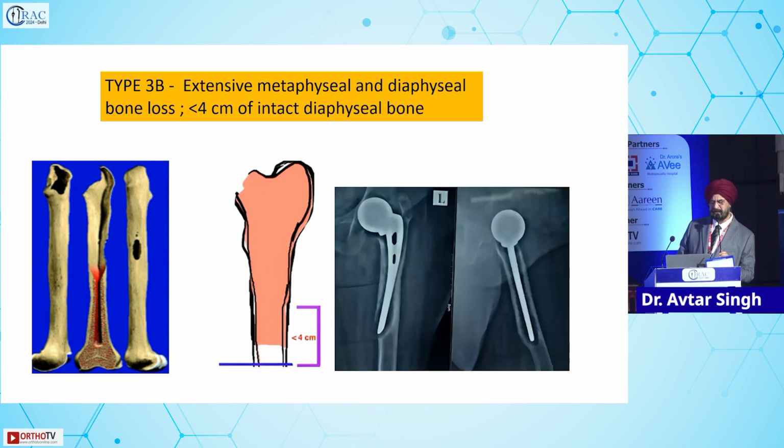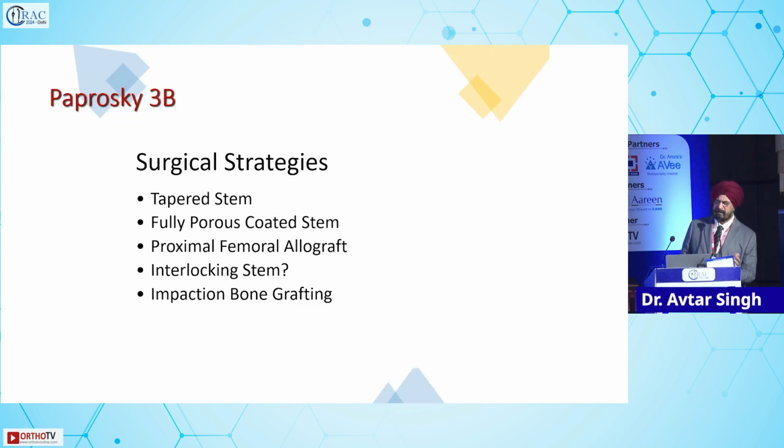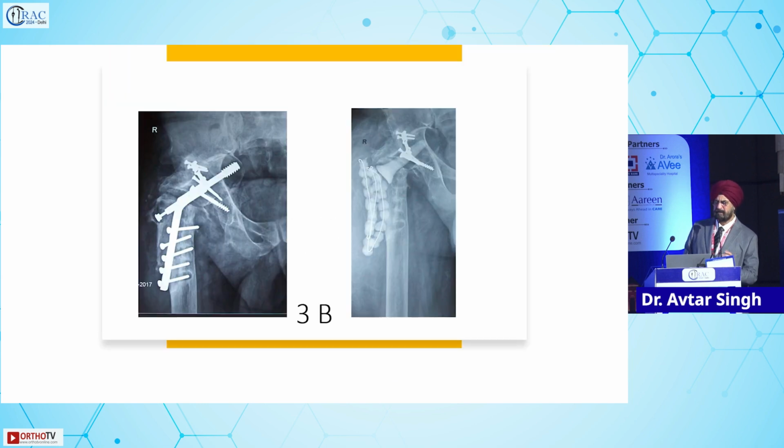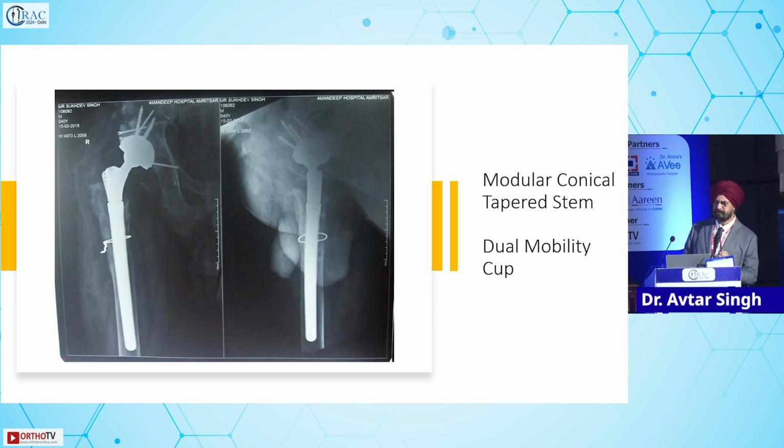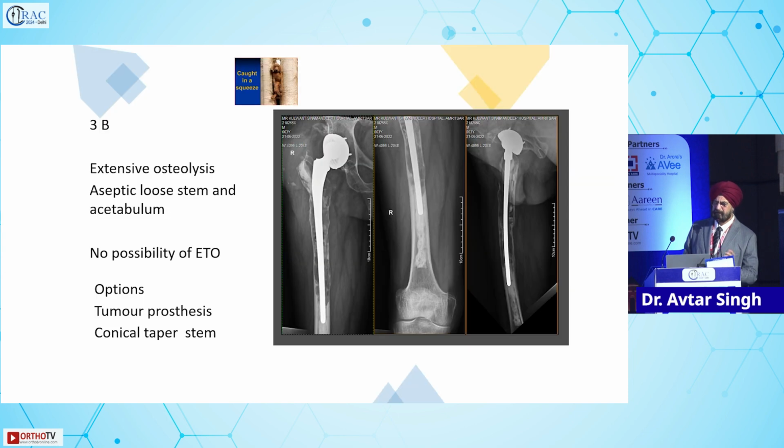And then coming on to 3B, more extensive metaphyseal and diaphyseal bone loss, and less than 4 centimeters available distally. Still, you can solve many of these patients with tapered stems. A couple of examples. Modular taper. Very interesting patient.